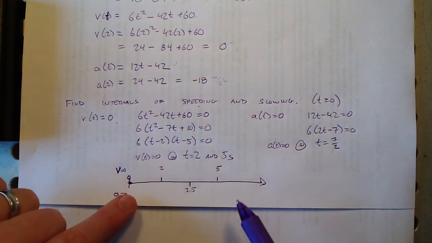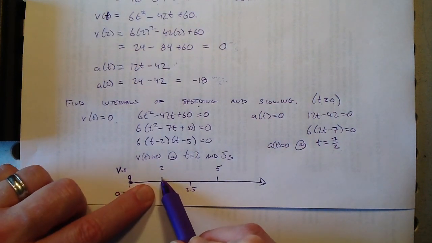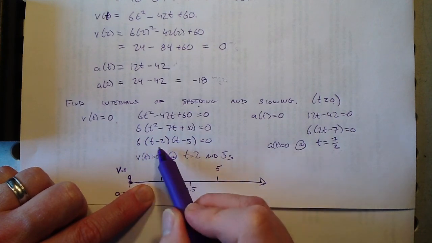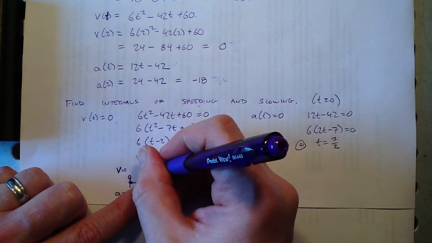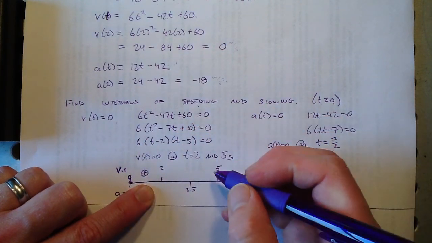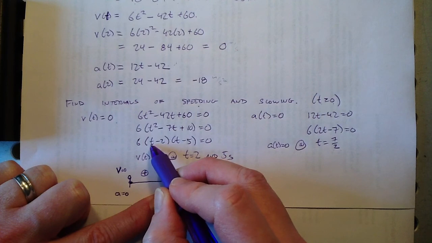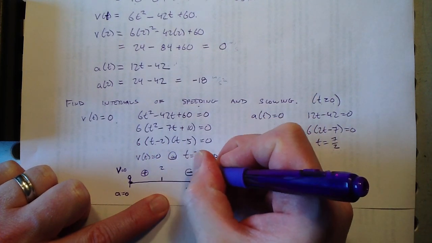Okay, now play the number line game. Here, between 0 and 2, at a value like 1, say, what's the sign of the velocity? If I plug 1 in here, I get negative times a negative, or positive. A number like 3, in between 2 and 5, I have positive, negative. That would be negative.